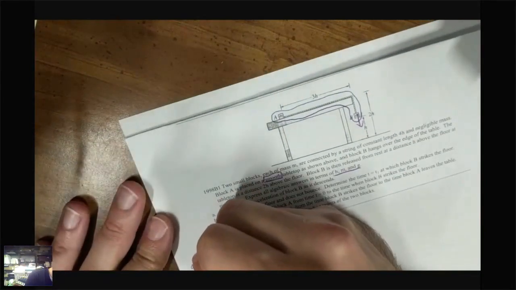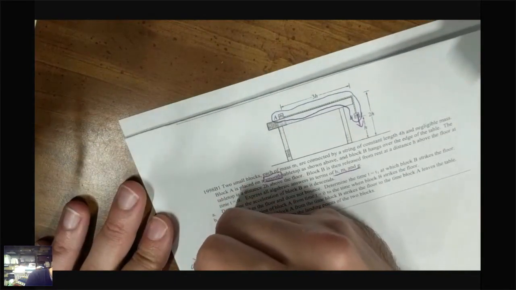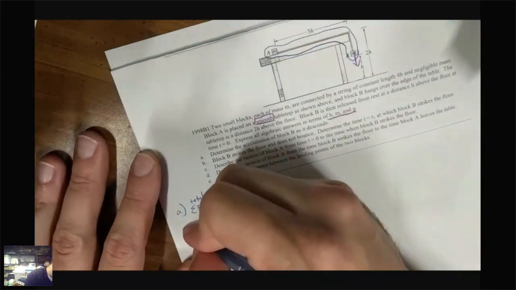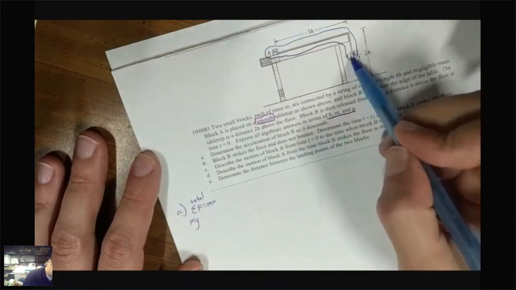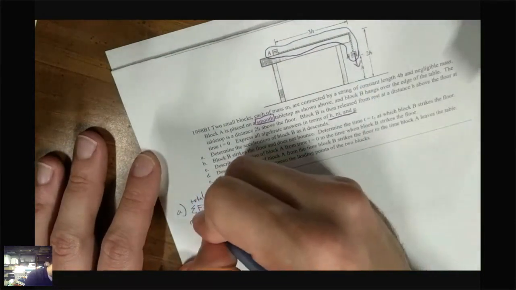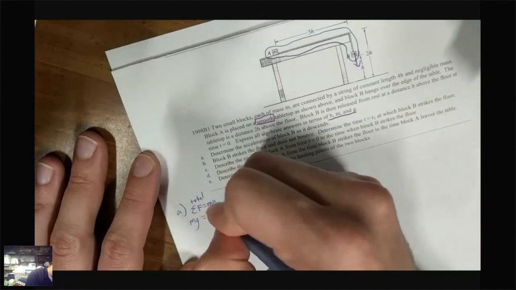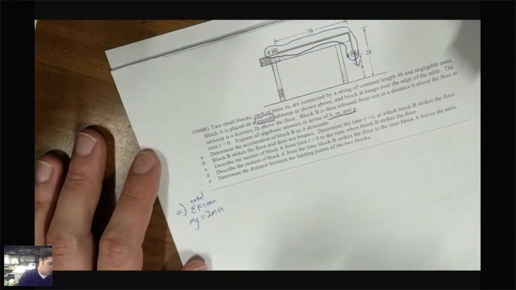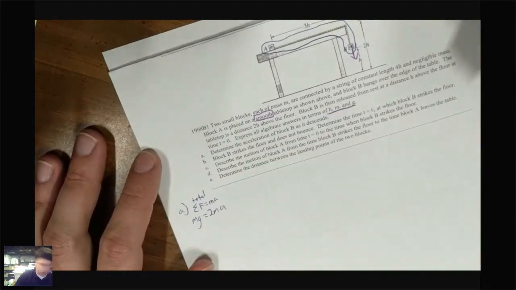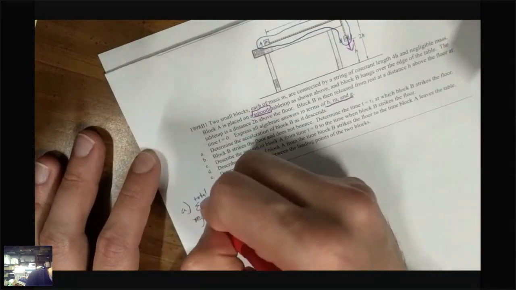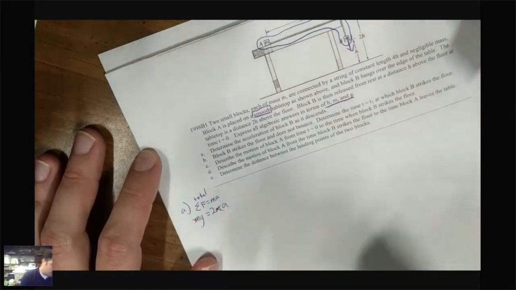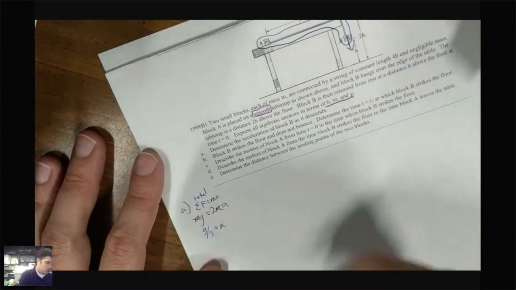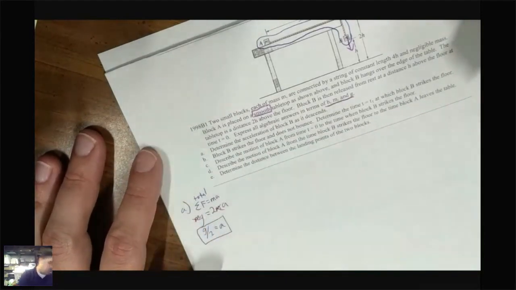So if I look at the total system, all the objects in here, and do F equals ma, we're going to have mg, the weight of this block pulling down, has to equal 2m, the entire mass, times a. And we can then play my favorite part of math, crossing stuff out, divide by m's to get those gone, and I will get g over 2 equals a. And there is our total acceleration.